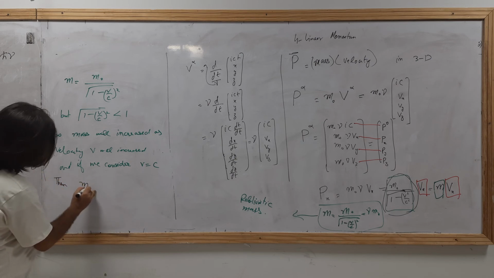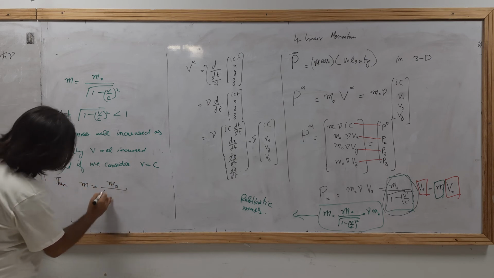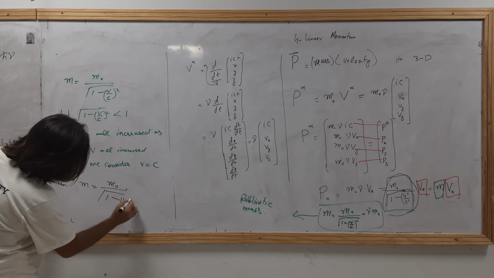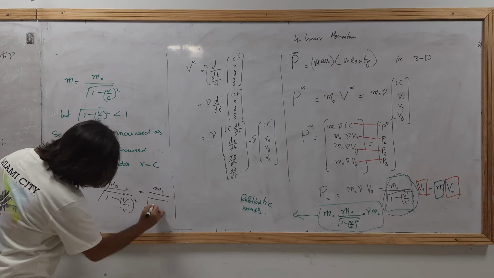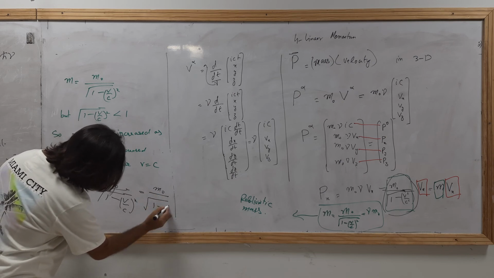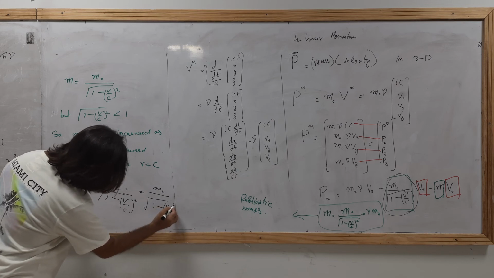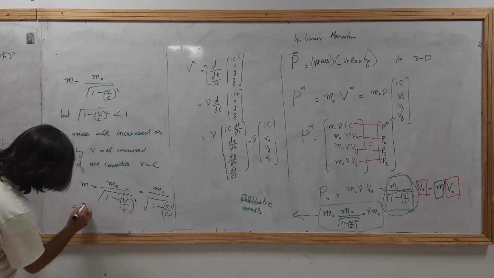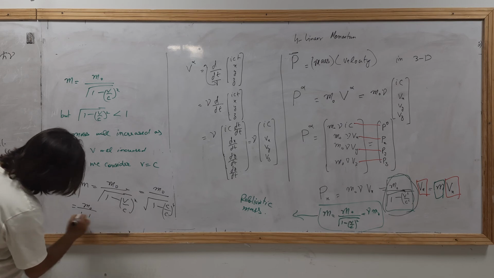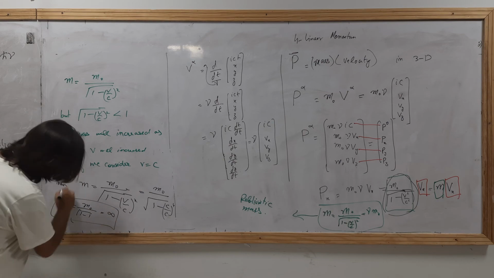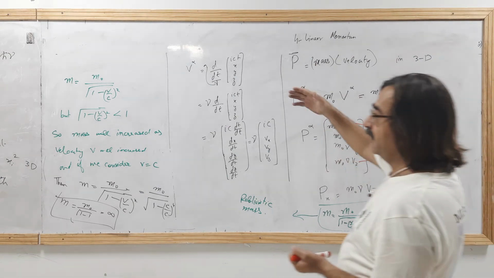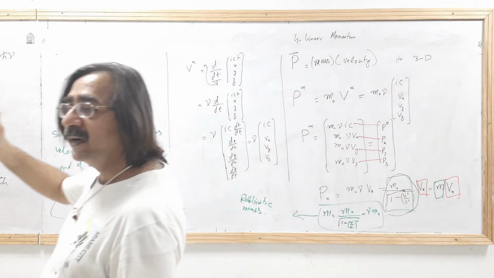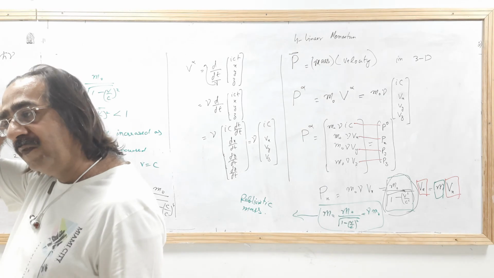Then m equals m naught over the square root of 1 minus v square over c square, which is m naught over the square root of 1 minus c square over c square. This becomes 1. 1 minus 1 क्या होता है? So it becomes infinity. The mass becomes infinity. So if you reach the speed of light, then you will touch infinite mass.